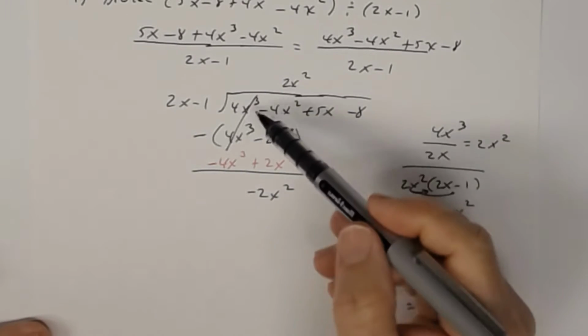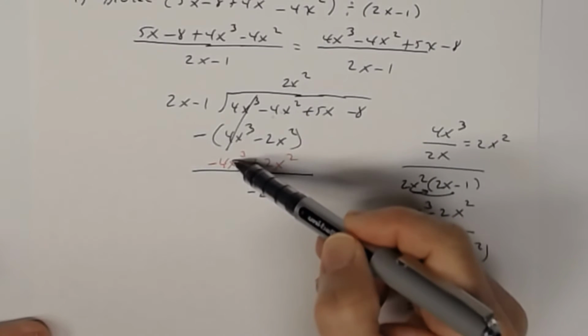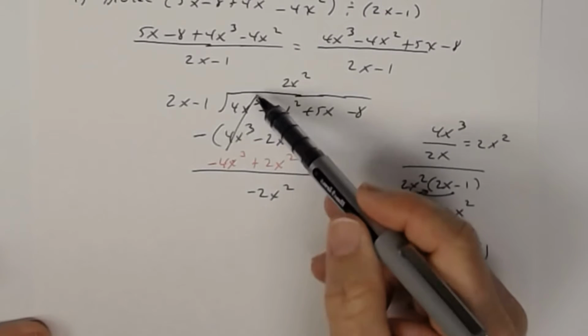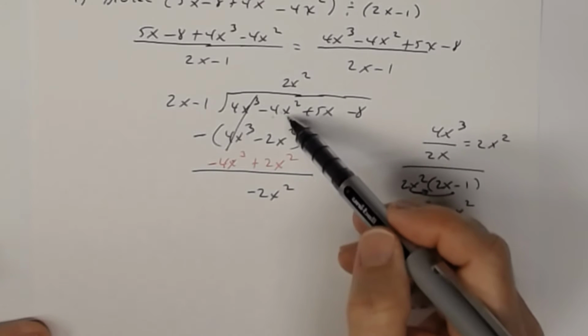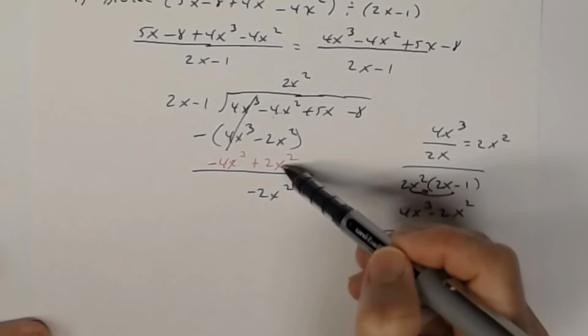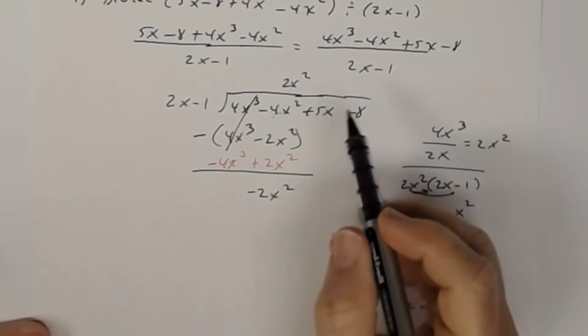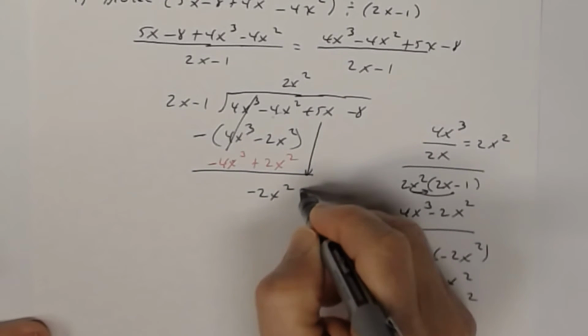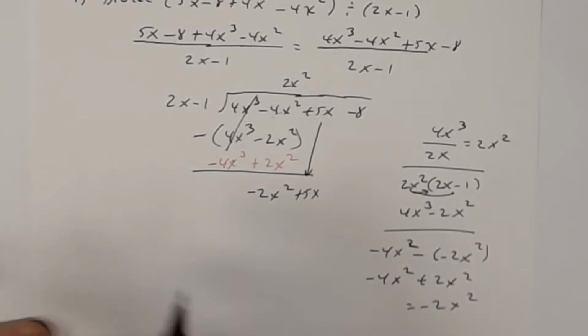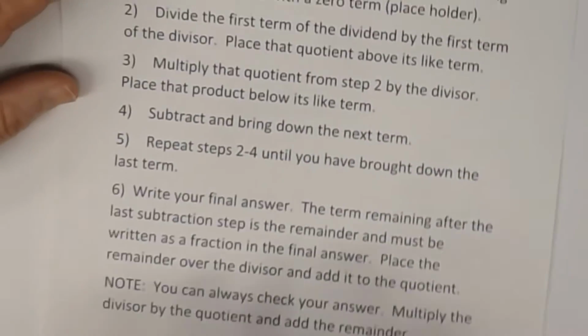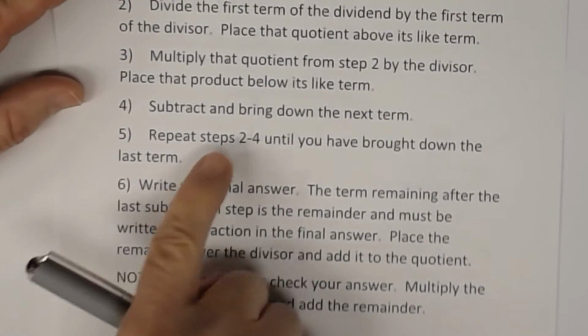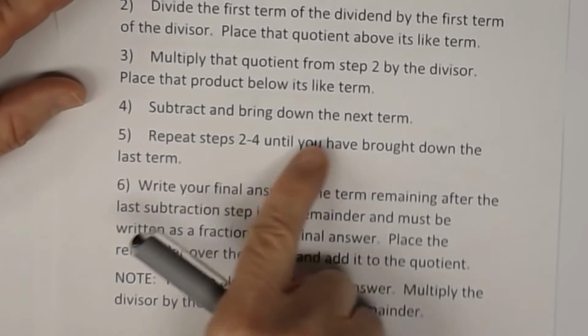Now notice 4x cubed and a negative 4x cubed, that's 0. Remember, that's always supposed to be the case. A negative 4x squared and a positive 2x squared is a negative 2x squared. Then you bring down your next term, plus 5x, and you do the process all over again. So the next step is to repeat steps 2 through 4 until you've brought down the last term.